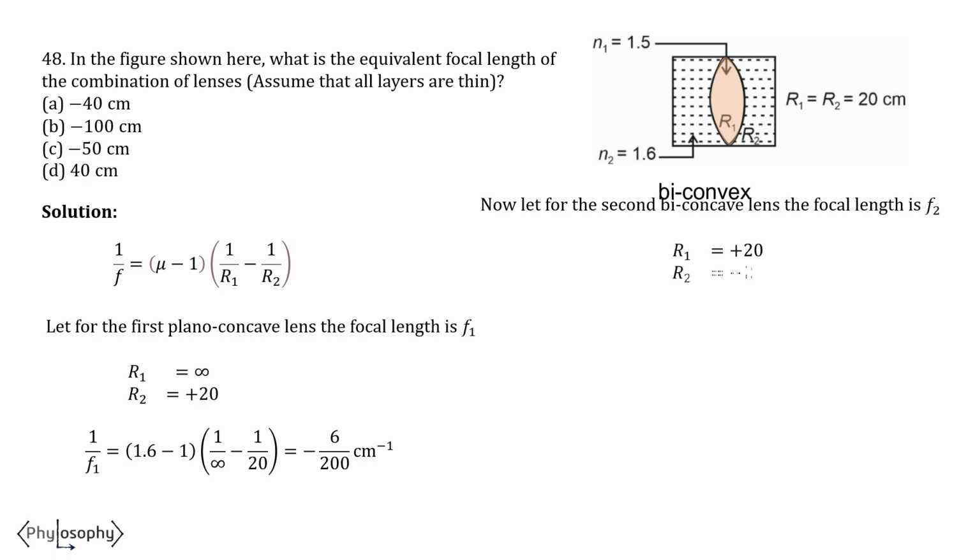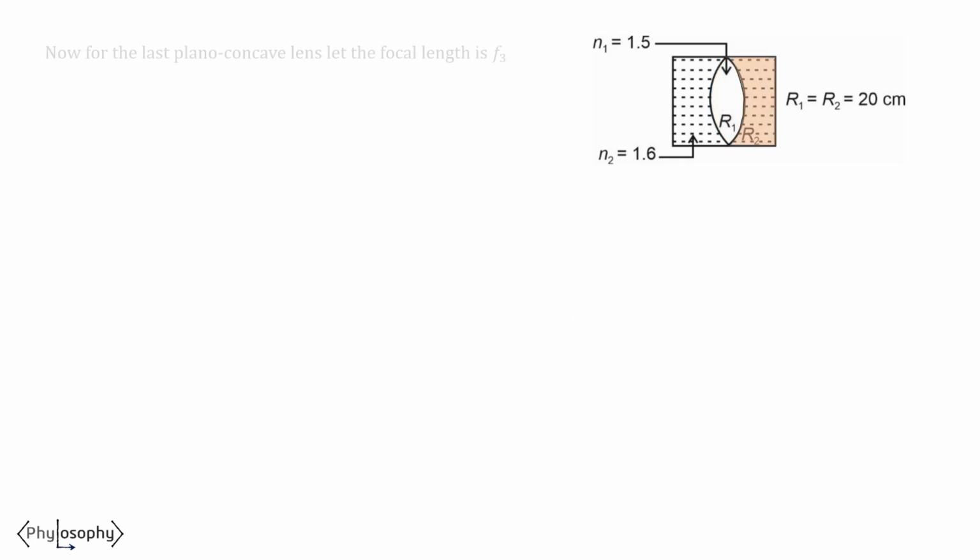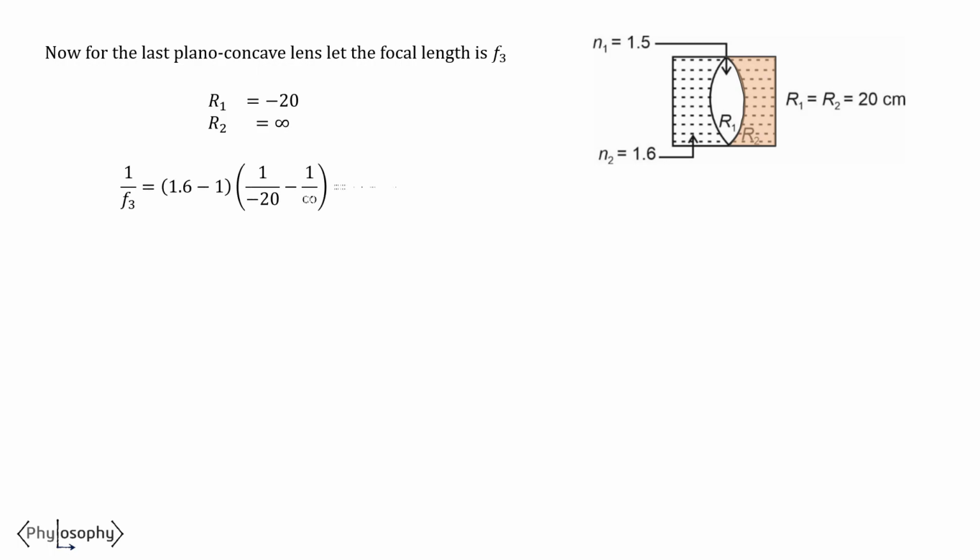Therefore, r1 is plus 20 and r2 is minus 20, and if you put these values, then 1 over f2 will be 5 by 100 centimeter inverse. Now, for the last plano-concave lens, let the focal length be f3, and here r1 is minus 20 and r2 is infinity. Therefore, 1 over f3 will be minus 6 by 200 centimeter inverse.